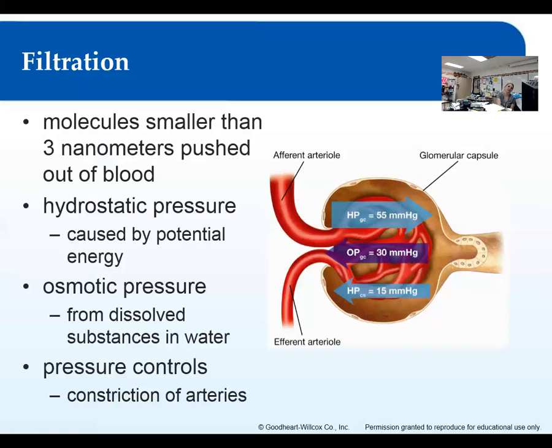Then the pressure inside this capsule, where this is pushed out through, is actually just 15 millimeters of mercury. So much, much lower. We're talking a difference of 40 millimeters of mercury there. So the pressure inside is much more than the pressure outside. That's one of the reasons it's going to be really easy for that to get pushed through.